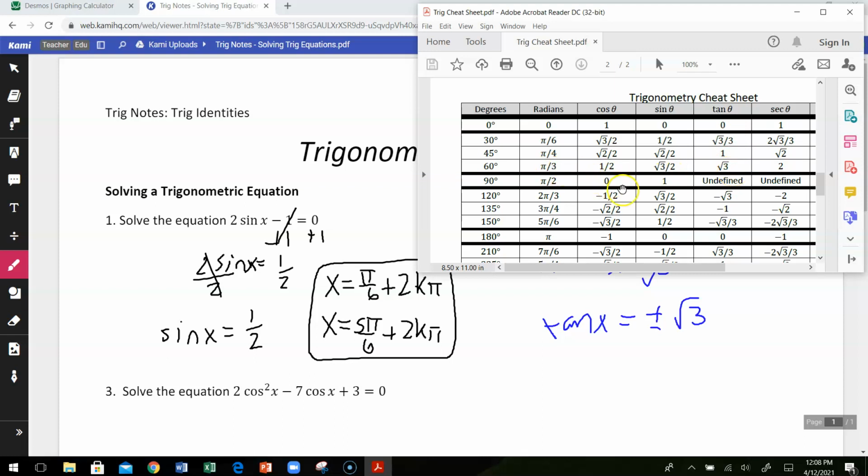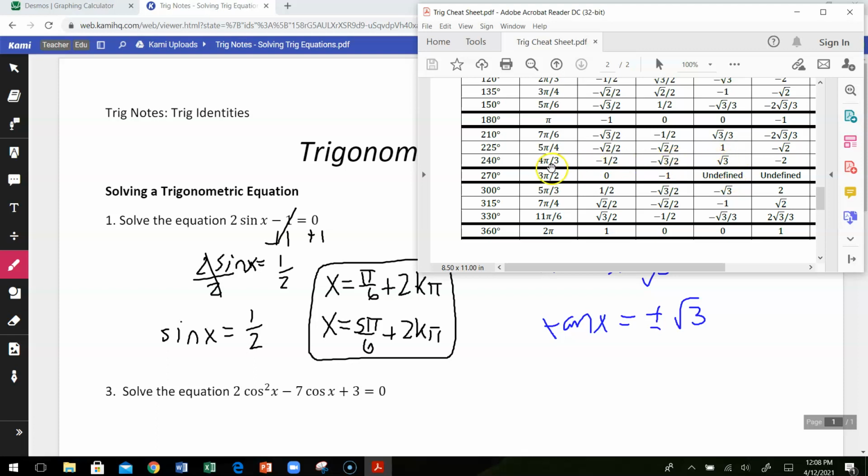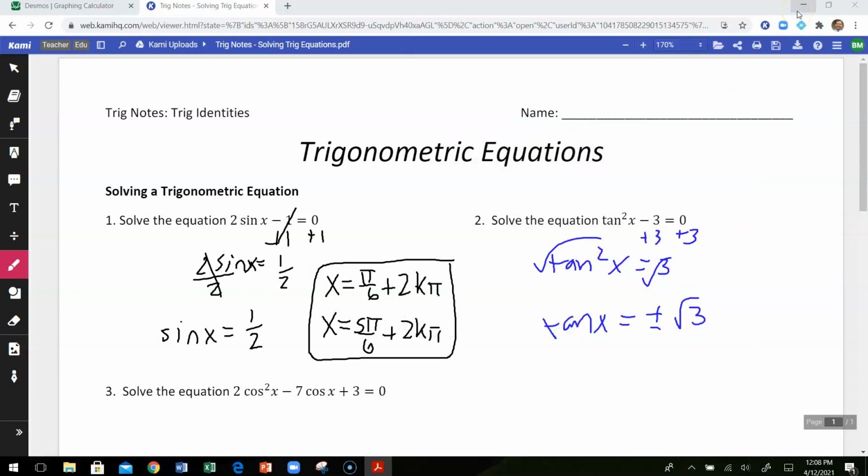So that happens at pi over 3, at 2 pi over 3, at 4 pi over 3, and at 5 pi over 3. All 4 of those angles, I get a tangent value of either positive or negative the square root of 3. So I'm going to list all those out. Those were all of our over 3's.